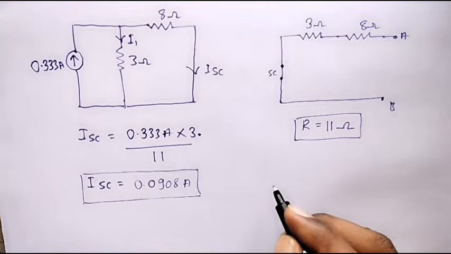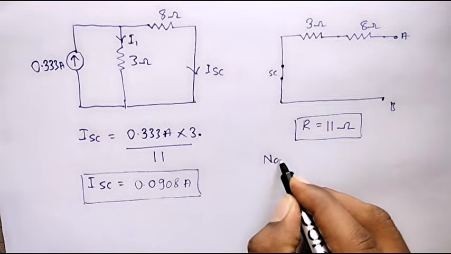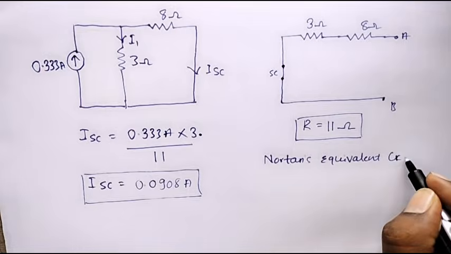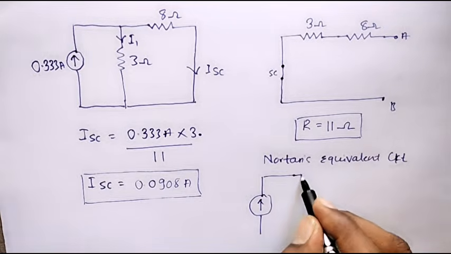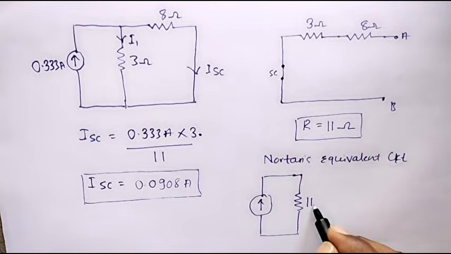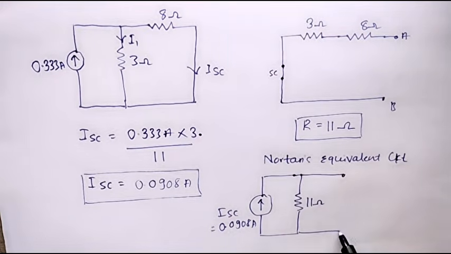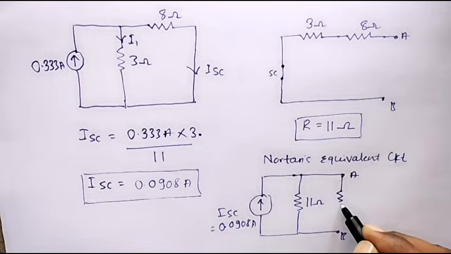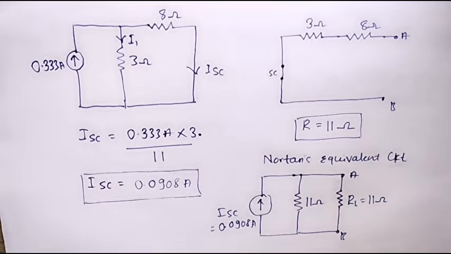Now let's draw Norton's equivalent circuit, that is connecting ISC in parallel with R. This is ISC, which is equal to 0.0908 amps, and now to this terminal AB, the resistor in which branch we are calculating current is to be connected, that is RL. Its value is 11 ohm.